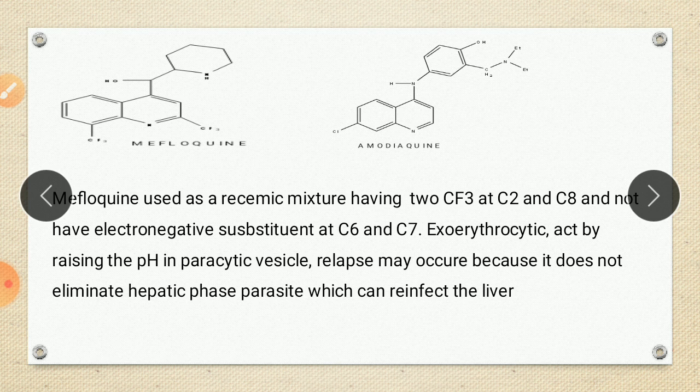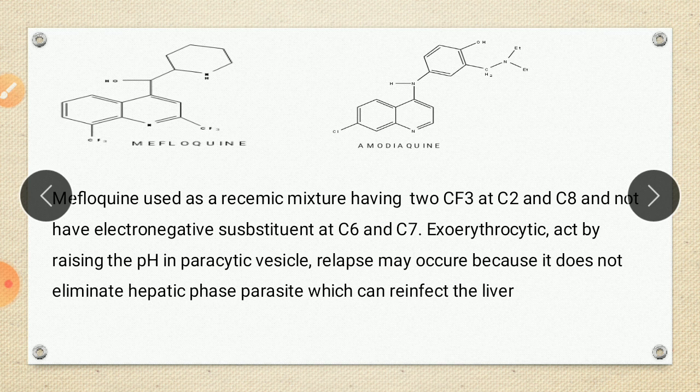These drugs act on the exoerythrocytic stage, the hepatic phase of the parasite, meaning outside the RBC. They act by raising the pH in the parasitic vesicle. The parasitic vesicle is the vesicle where the parasite resides or infects the human being.